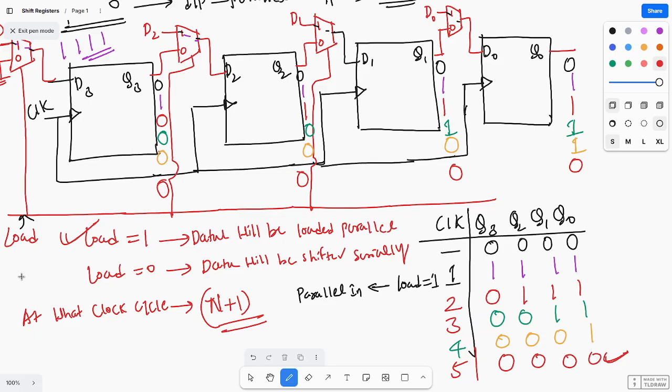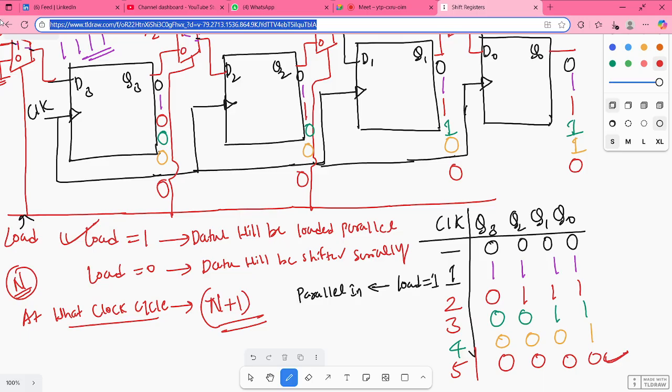So if you take n bit flip flops, the content becomes clear in n plus 1 clock pulses. So this is the opposite of SIPO, serial in parallel out. PISO is parallel in serial out, parallelly you are loading the data and serially you are taking out the data. Is it fine? Shall I move forward?